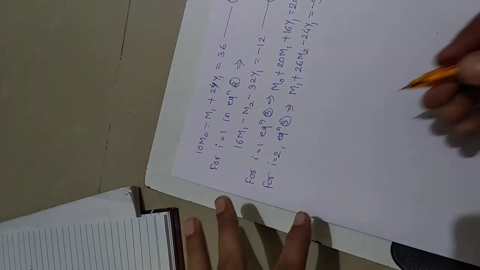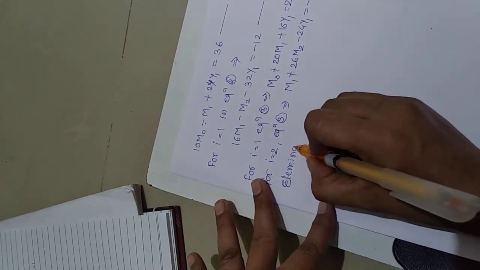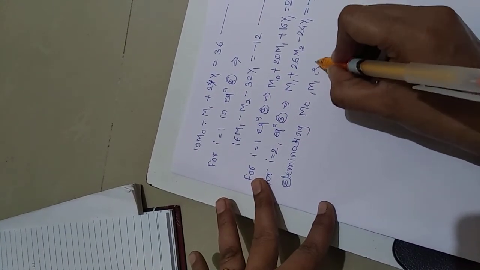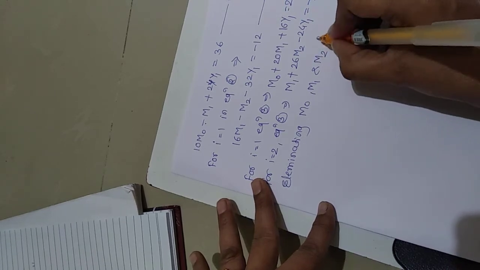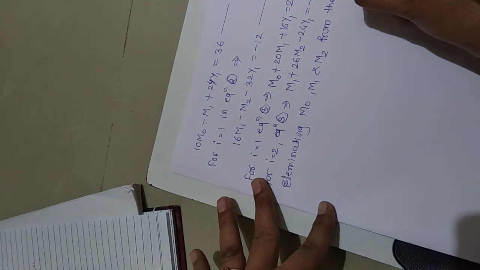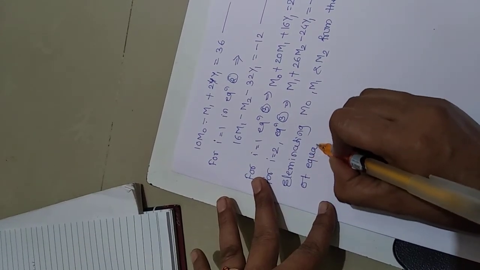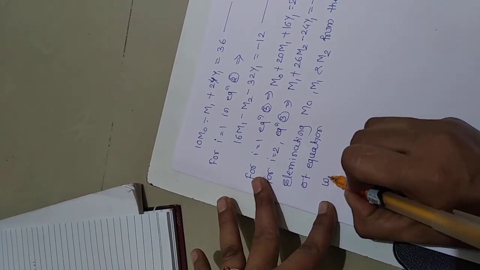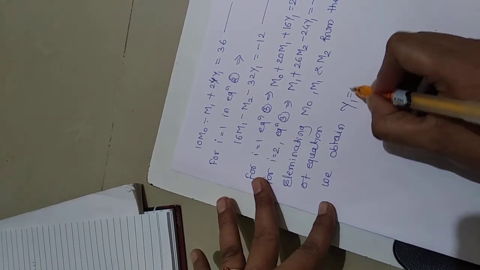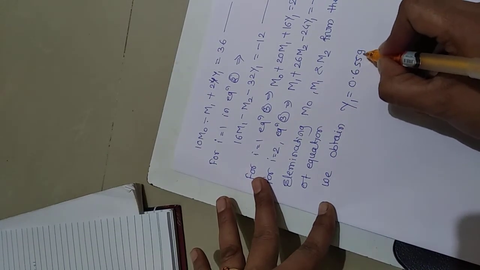Then, eliminating m0, m1 and m2 from this system of equations, we obtain y1 is equal to 0.65599.